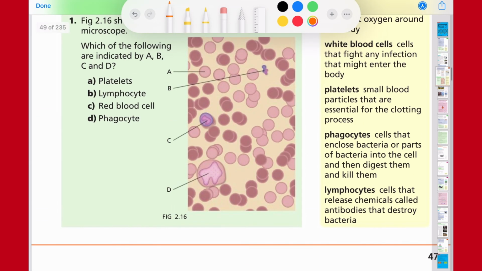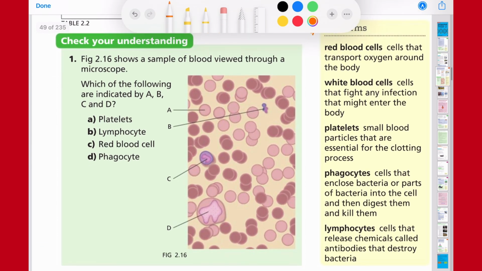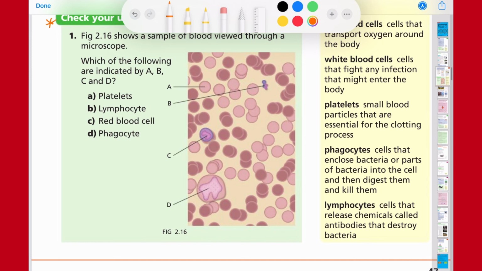So we are going to stop there for today, and you all can take a read through the Check Your Understanding on the bottom of page 47, and you will get to see some of the different types of blood cells. I am also attaching a YouTube video for you all to look at on blood.